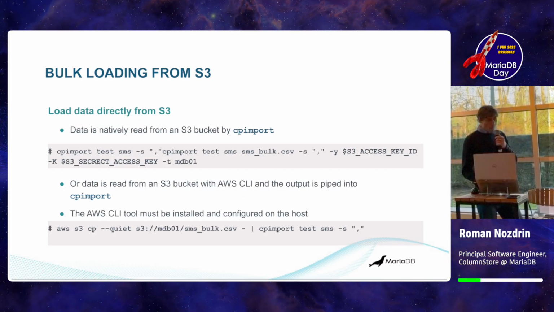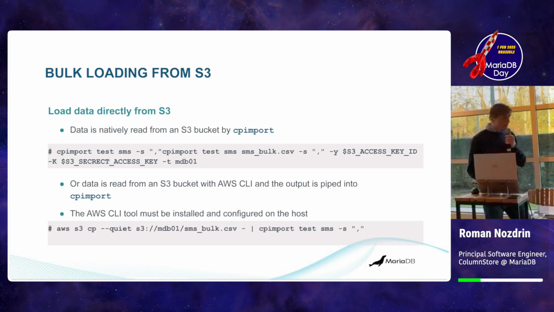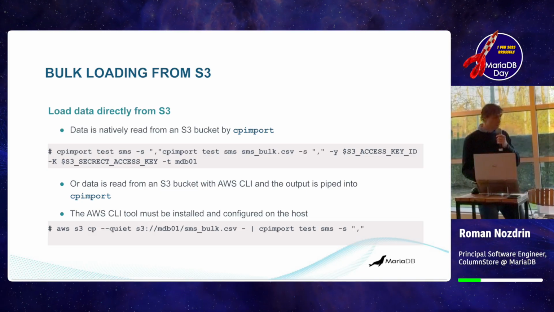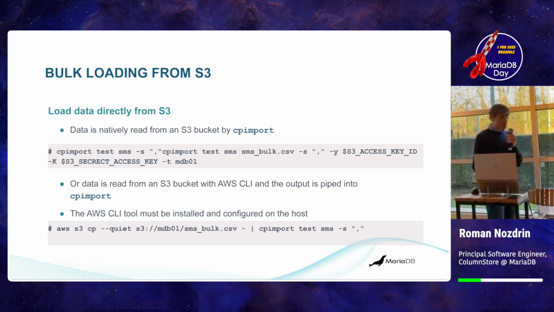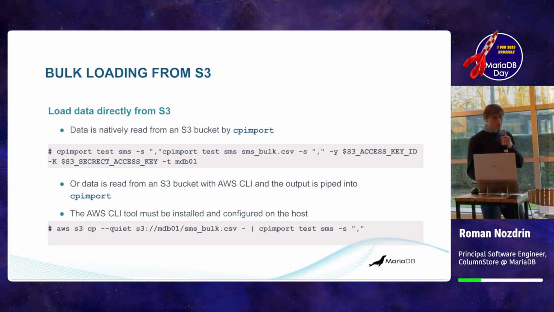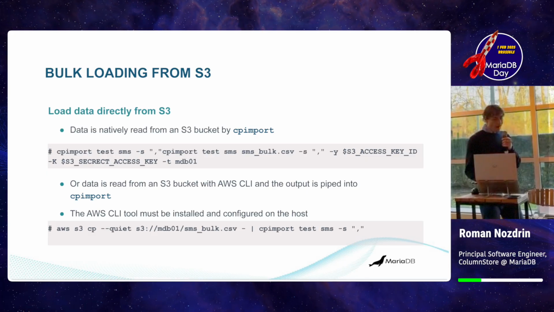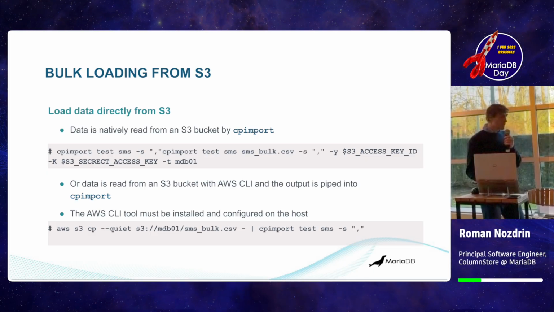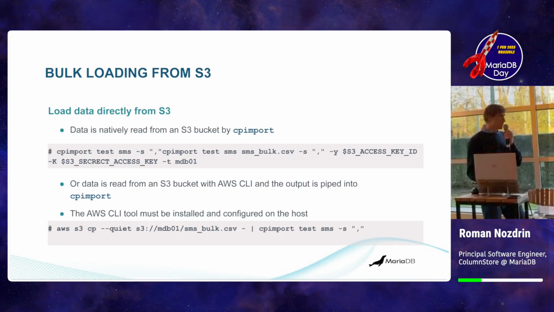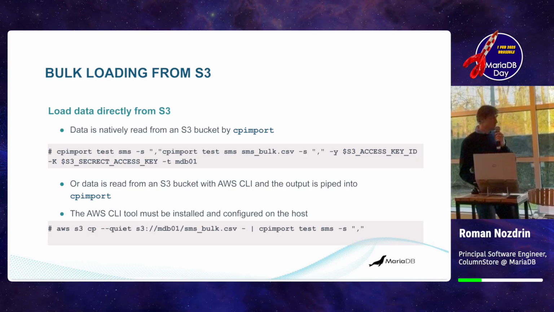So S3 is one of the next features that everybody widely uses, and modern software cannot avoid using it. Let's say people already have a batch of data, or their pipelines land the data on S3.